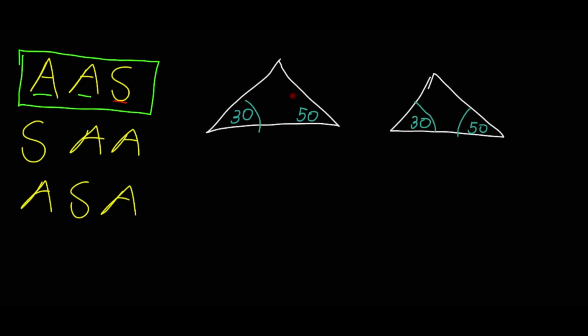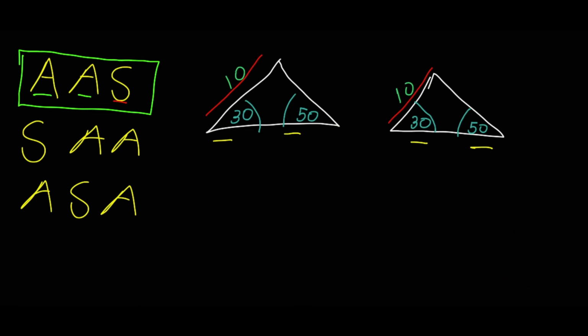As you can see, two triangles, this angle equals this angle and this angle equals this angle. This means two angles. And again, if this side equals this side, then these triangles are congruent because we have two angles and one corresponding side, and those sides are equal. As you can see, this side and this side correspond, and they are equal. So these two triangles are congruent. Take note of this rule: AAS or SAA or ASA is the same thing.